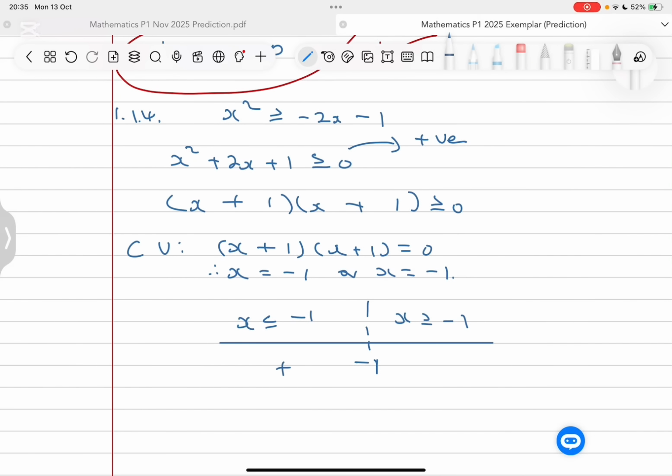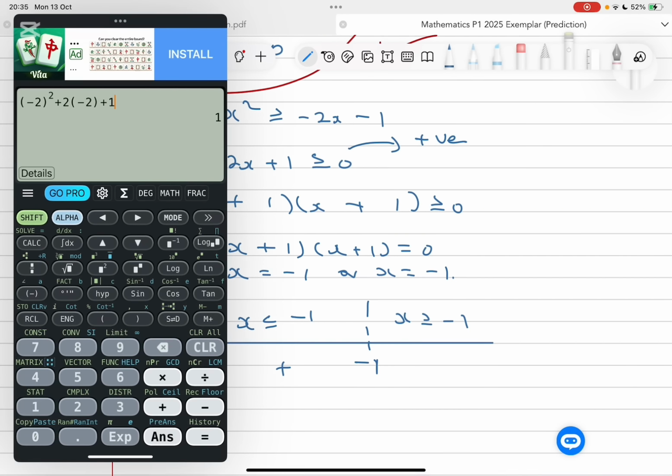So this means that in this interval, if you take any number here, -2, -3, -5 until -infinity, they are all going to give me a positive number here, right? Because there's an equal sign, it means if we take -1 here, because it is included, what do we get? We should get a 0 here if we have done everything correctly. But just to double check, if we have a -1 here, what do we get? Then we get a 0.